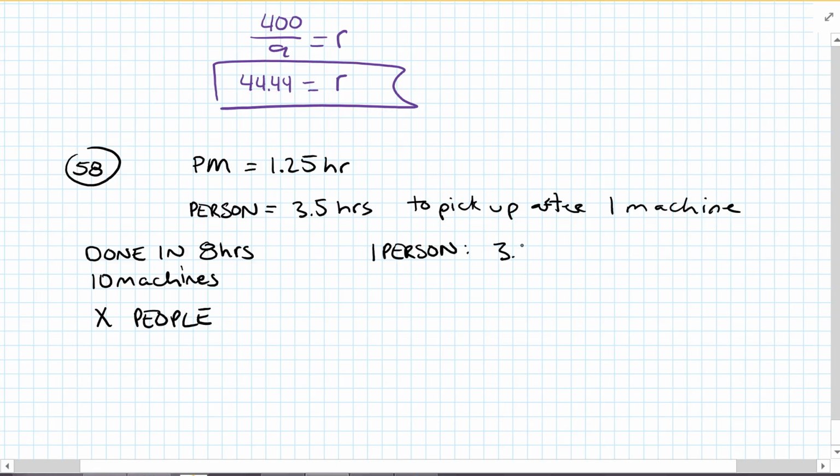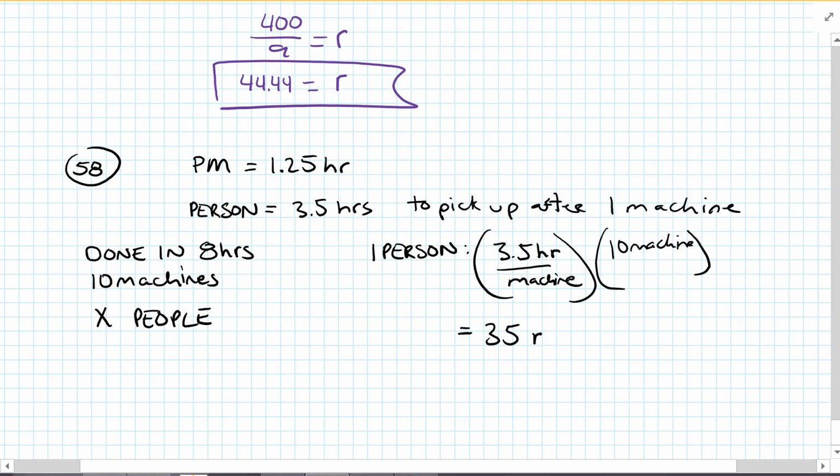So if it took 3.5 hours per machine, how many machines are we trying to pick up? 10 machines. So 3.5 times 10 would be 35 hours. So it would be 35 man hours is how you'd look at it. So to do the job, it would have 35 man hours.